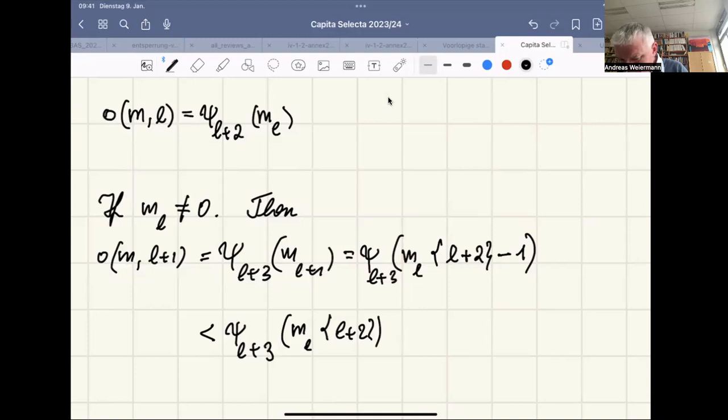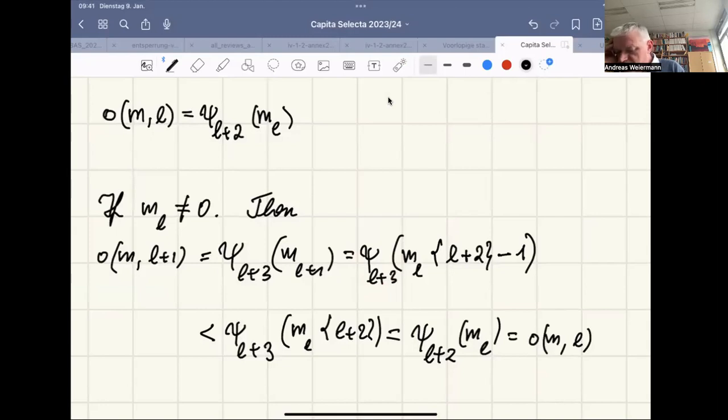What do we do here? We take ML, we replace in the base L plus 2 representation L plus 2 by L plus 3, and then we move L plus 3 into omega. Instead, we could just directly move L plus 2 into omega for the number ML. That's one of the lemmas which we did before. And this is O of ML.